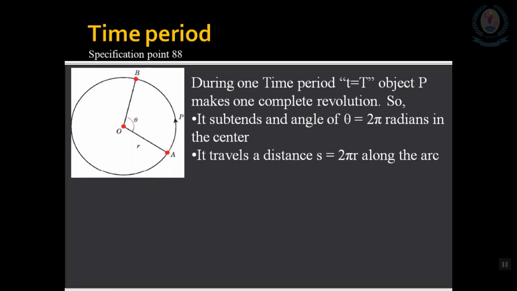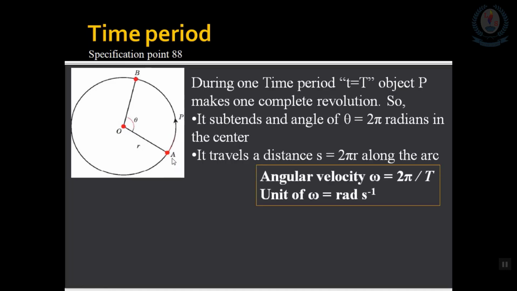So during one time period, we know that when it completes one full circle, it subtends an angle of 2 pi radians, that is 360 degrees in the center. And it travels a circumference which is equal to 2 pi r along the arc. So these are very important facts.